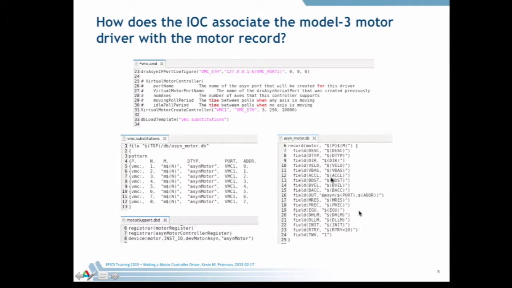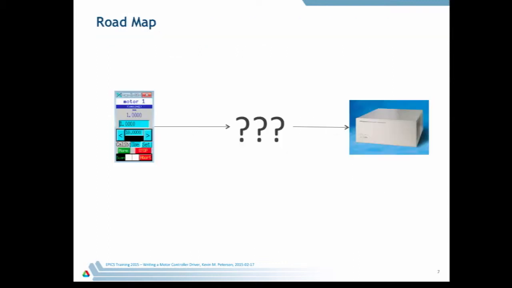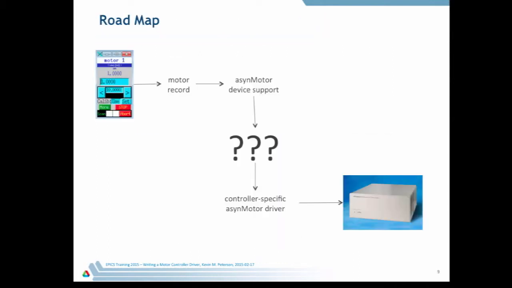This puts all of those things on a single screen so that you can see them simultaneously, because usually you're editing these files one at a time, and those links are not always apparent. So just knowing what you do to set up your IOC, your roadmap like this turns into something a little more defined.